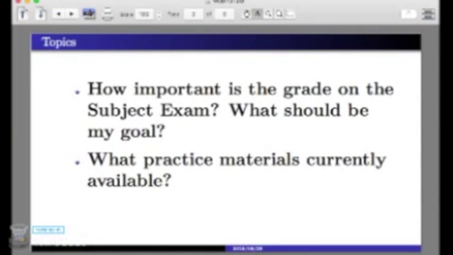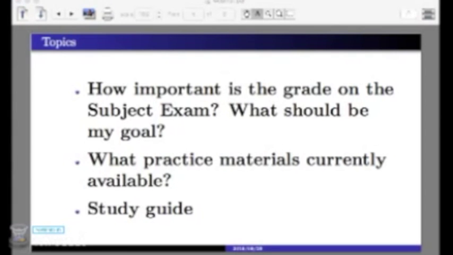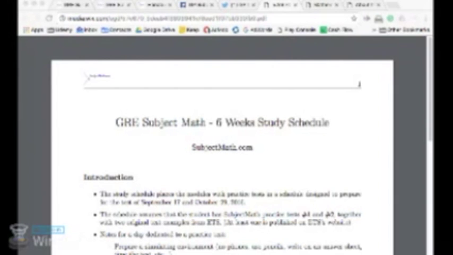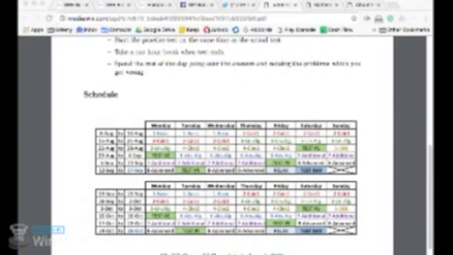Let's move on to the next topic. Study guide. We have published our 6 weeks study guide schedule. It's available for free on our website, and you can see it over here.